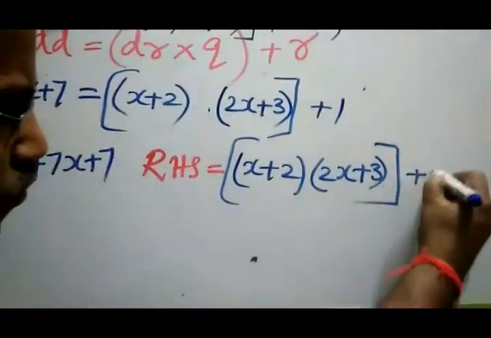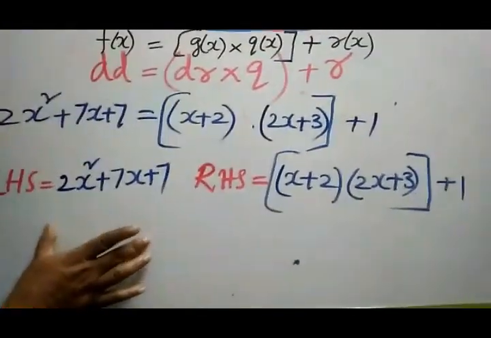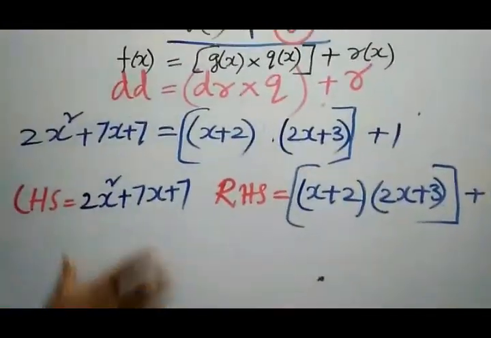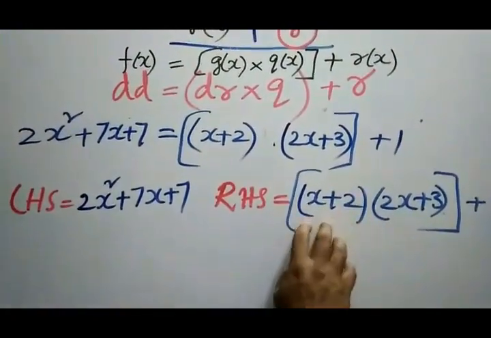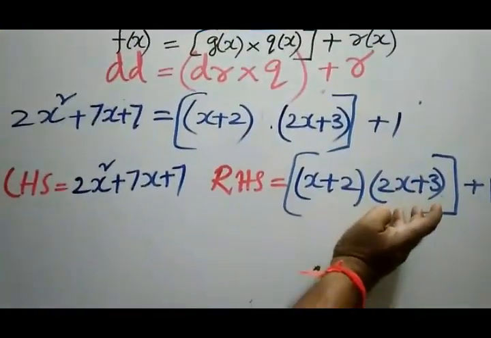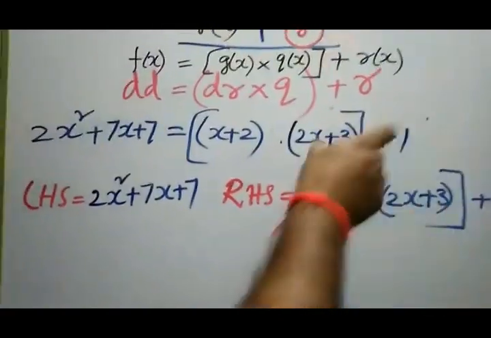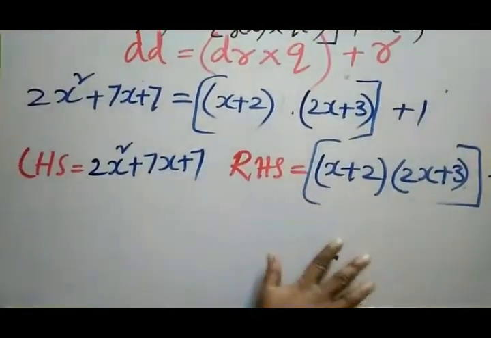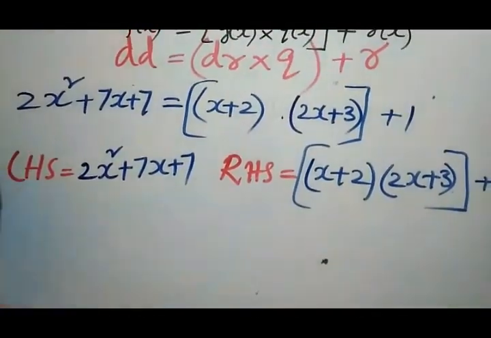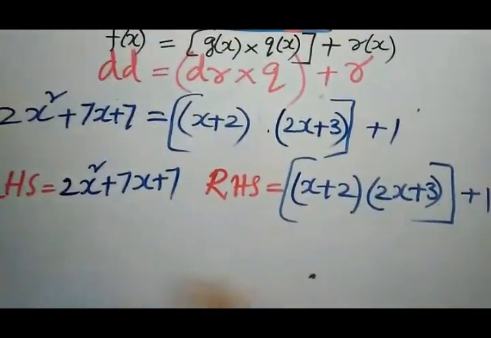We cannot simplify LHS. If you simplify RHS and get 2x square plus 7x plus 7, then the division algorithm is verified.